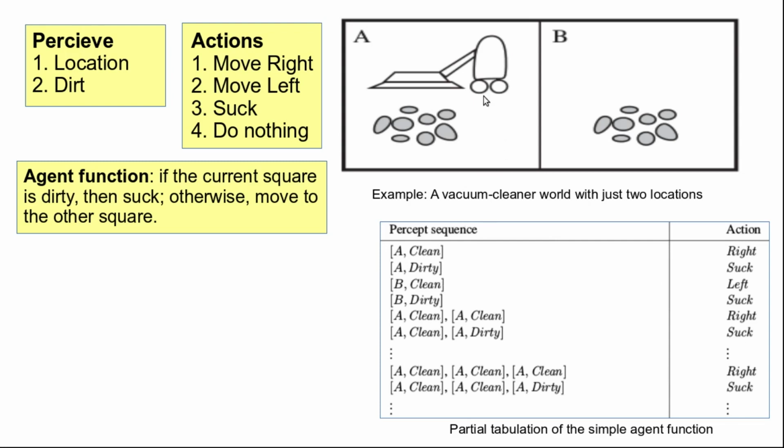Remember the percept sequence is a sequence of percepts, and in our case the percept consists of two things, the location and whether the room is dirty or not. If the vacuum cleaner was initially in room A, and room A is clean, the first percept would be A clean.